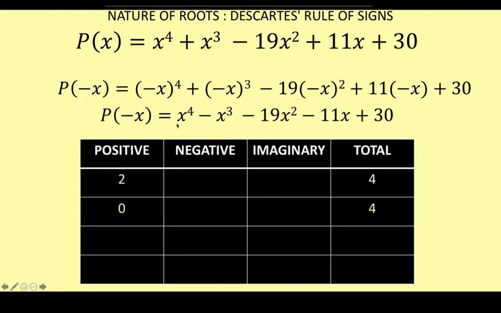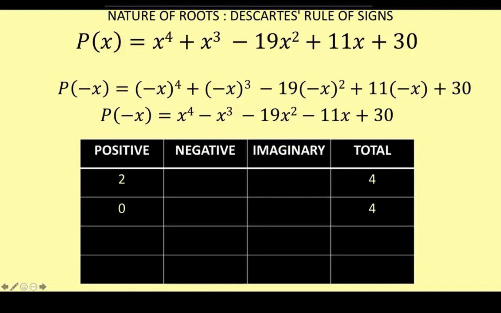A faster way of getting p of negative x is whenever you have even exponent, just copy that term, and when you have an odd exponent, change the sign of that term. So here the term preceding x cubed is positive, we make it negative. The term preceding 11x is positive, we make it negative. And all the rest, we just copied.